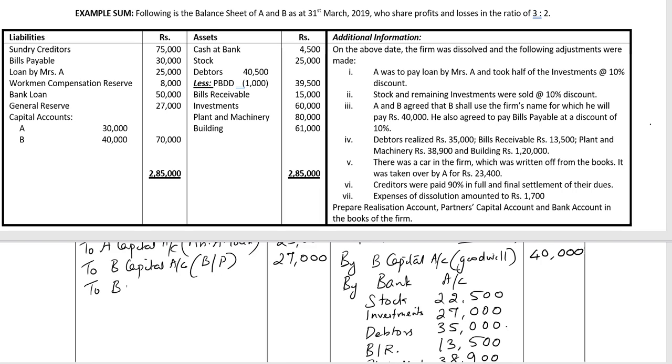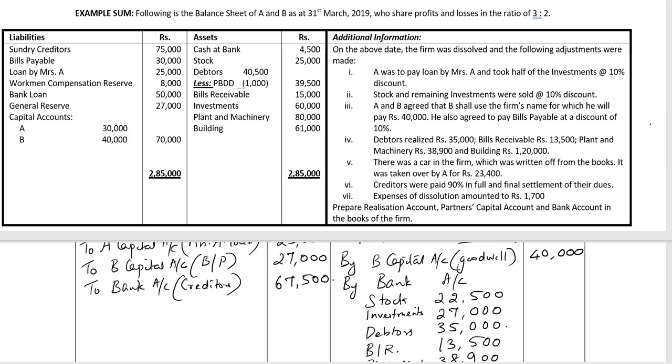So to bank account for creditors paid, 90% of sundry creditors, rupees 75,000, is 67,500 rupees. The seventh point, expenses on dissolution amounted to 1,700.